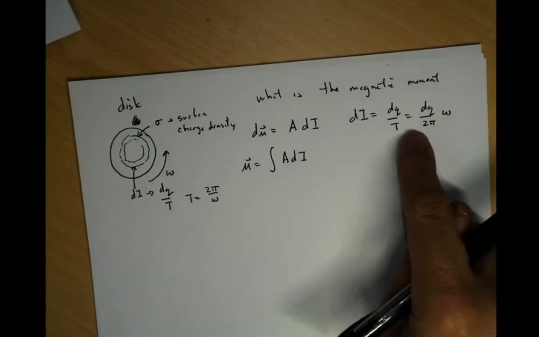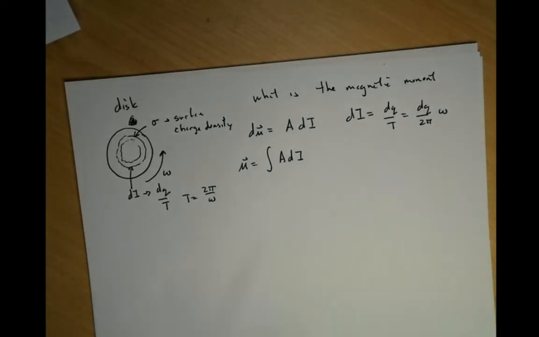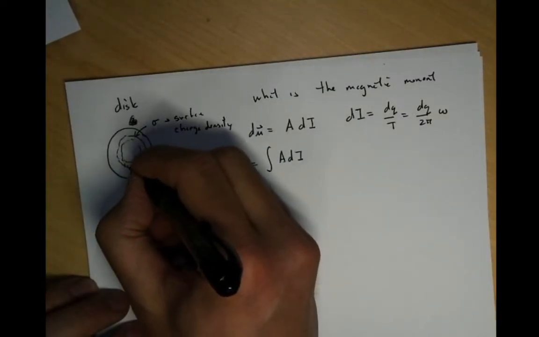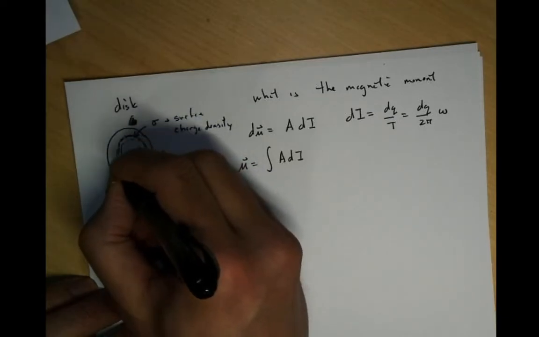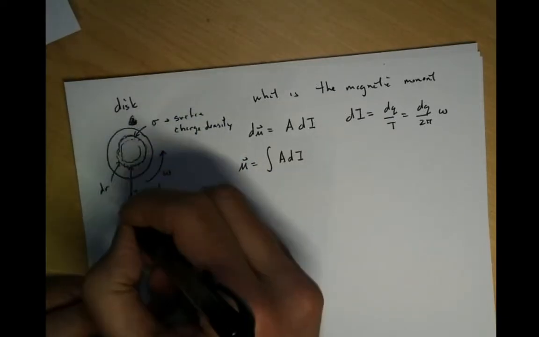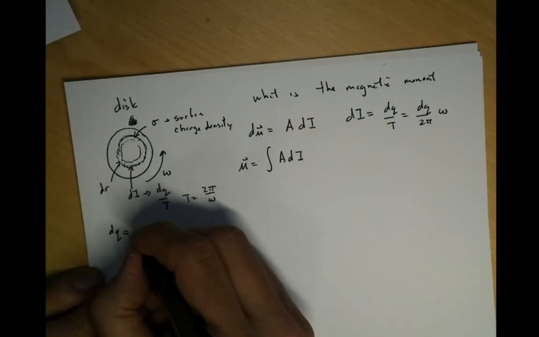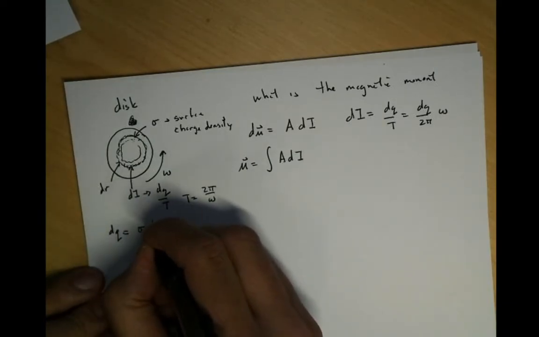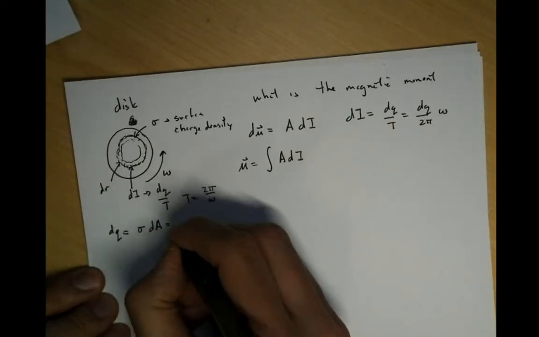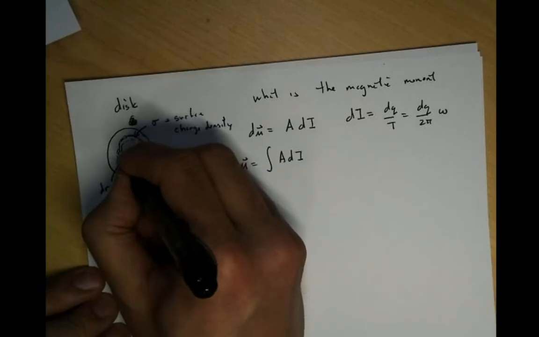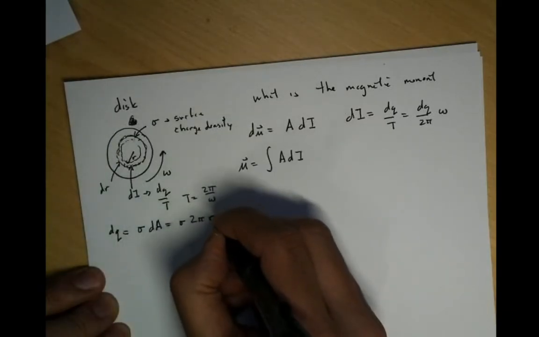Divide this out, the omega pops on the top. Now I have to figure out what dq is going to be. Imagine I have a tiny thickness to this ring, dr. So dq is equal to the surface charge density times the differential area, which is the surface charge density times the circumference of this ring, call this r here, times dr.